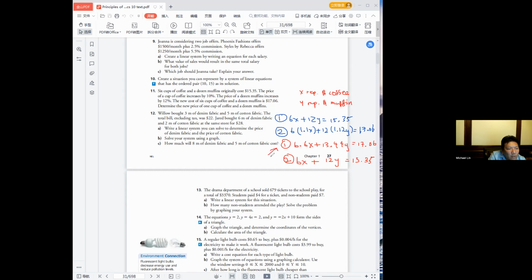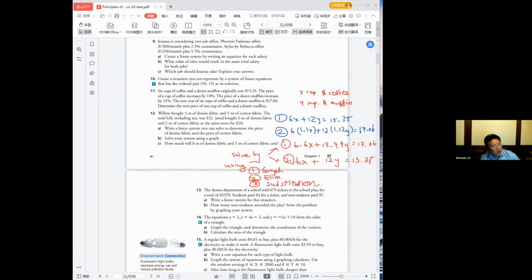Okay, so obviously now that we have our two equations, you can solve by using either 1, a graph, 2, by eliminating, or 3, by substitution. Okay, and that's it.